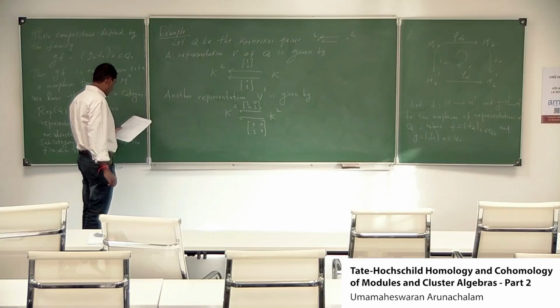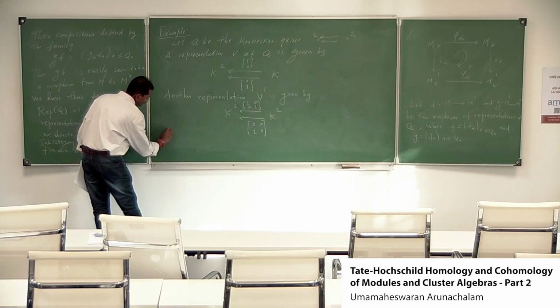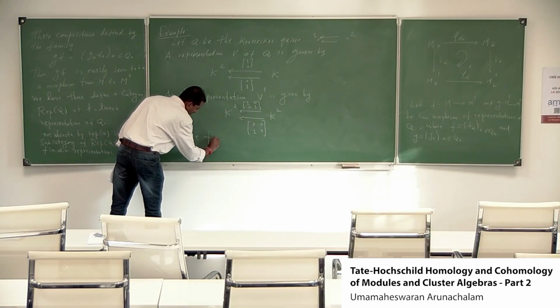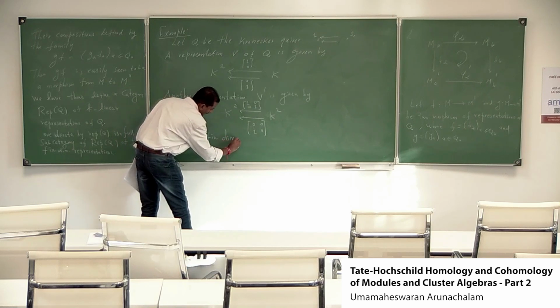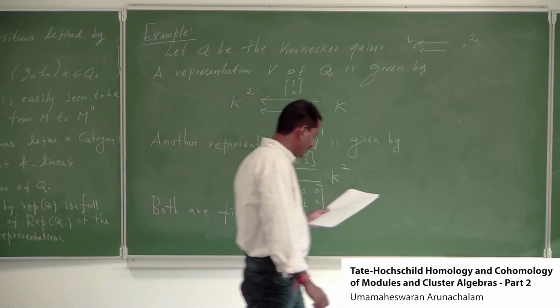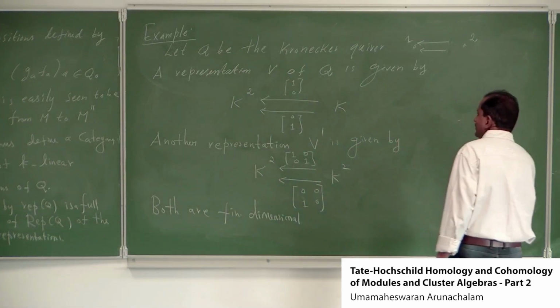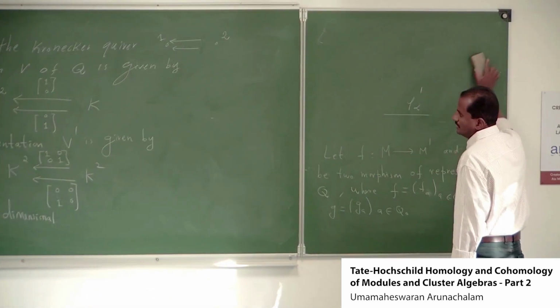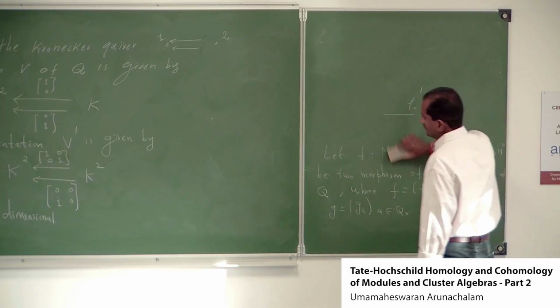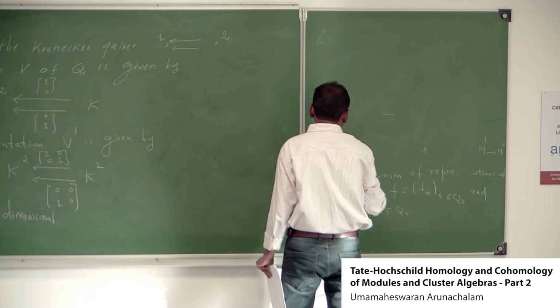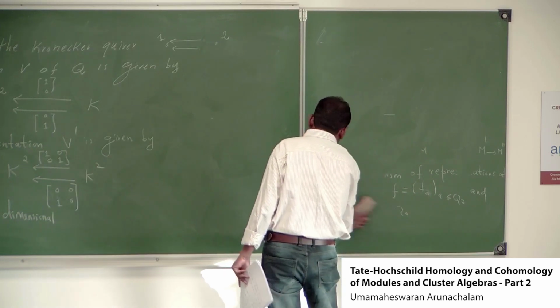So both are finite dimensional. Now we have a morphism V to V dash. Our V is defined like that, V dash is defined like that. Both are finite dimensional.